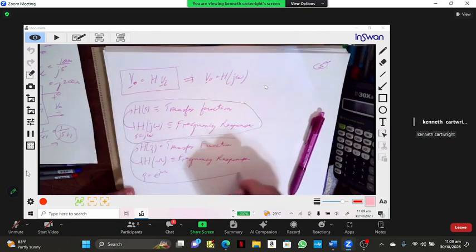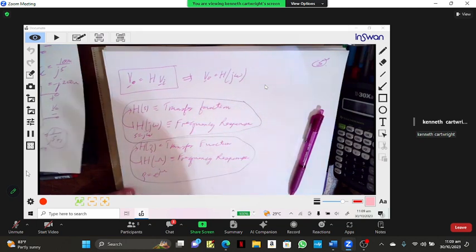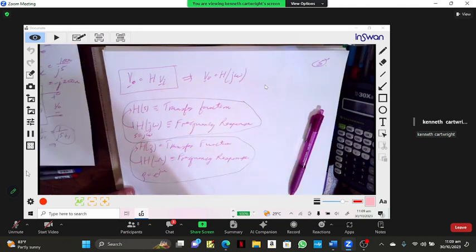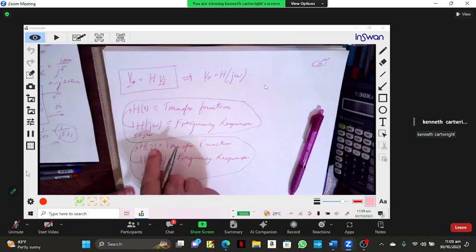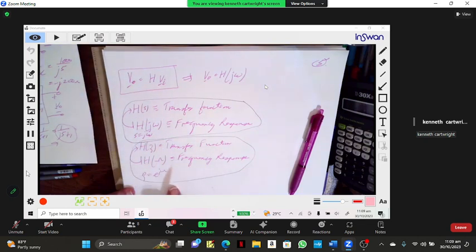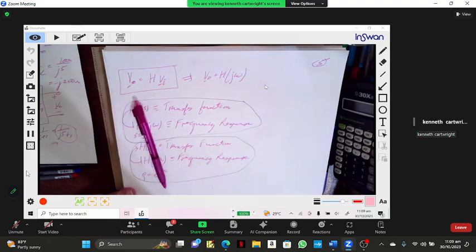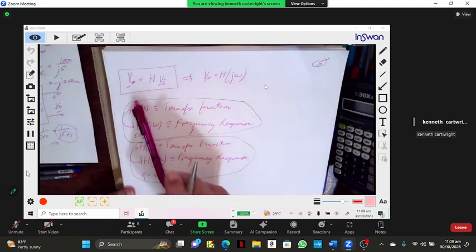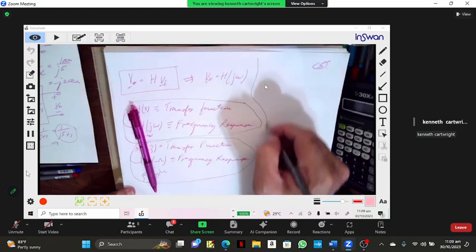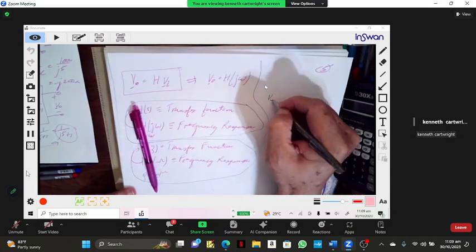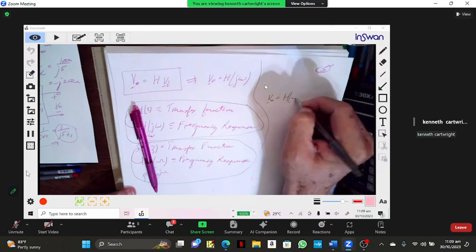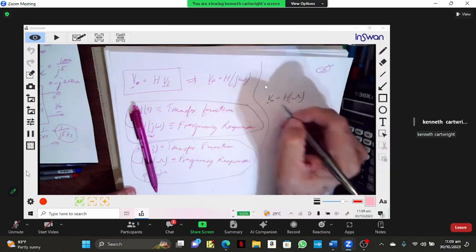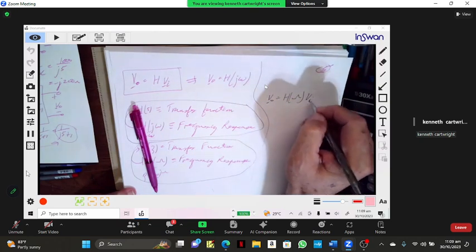The way we define impulse response and step response and sine response, they're all the same. There are just differences in terminology, but the concepts are the same. So to get the sine response, we're going to use phasors, and we're going to use V out phasor equals H of omega times V in phasor.